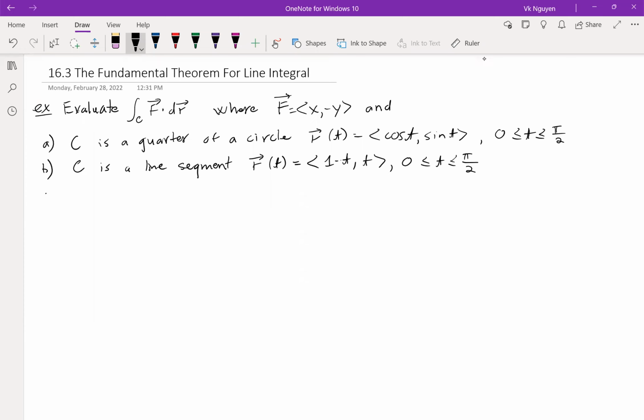And for C, is the vector field F conservative?